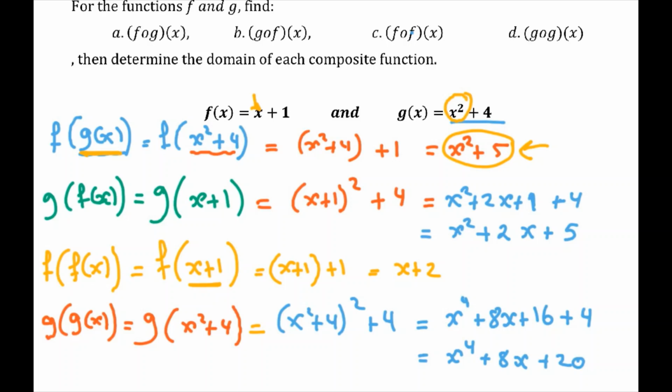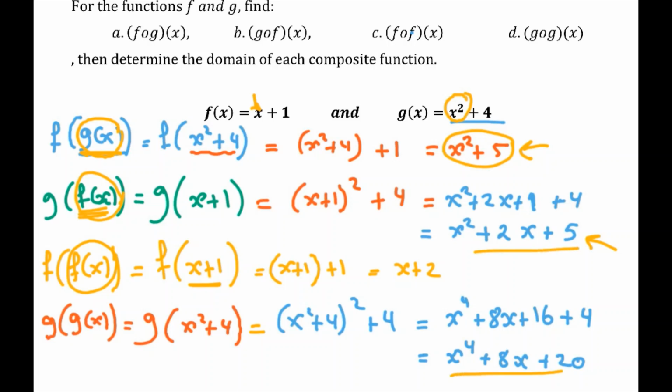Same, if I use an input here, f(x) should deal with it first, and then g(x) will take care of it. So in order to find the domain of the composite function, first we need to find the domain of the input, and then the domain of the new function.